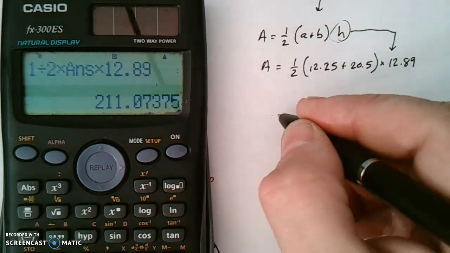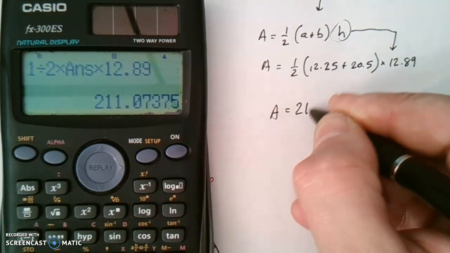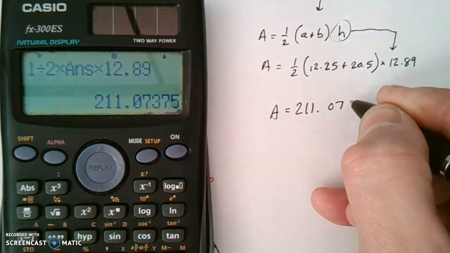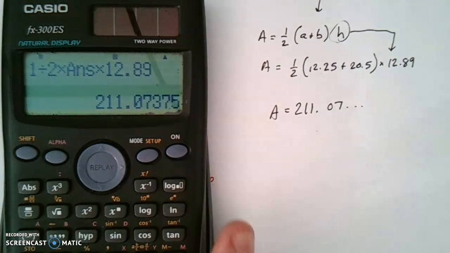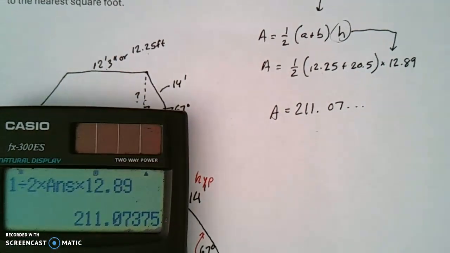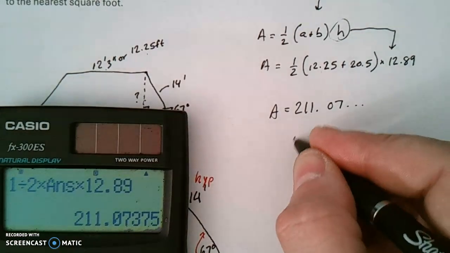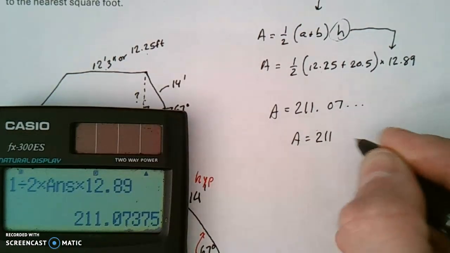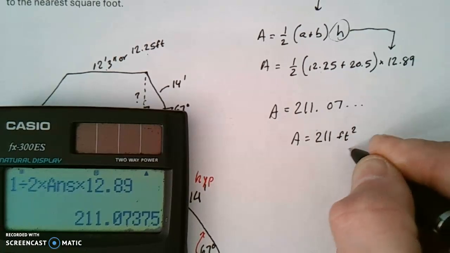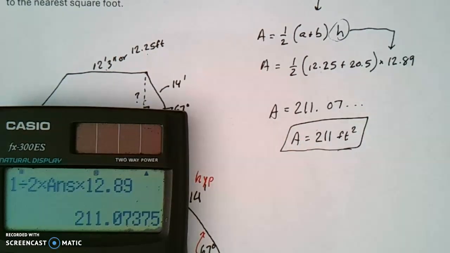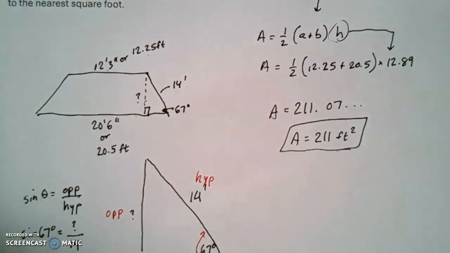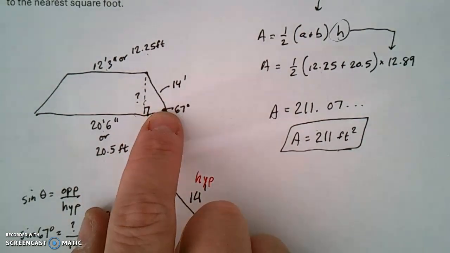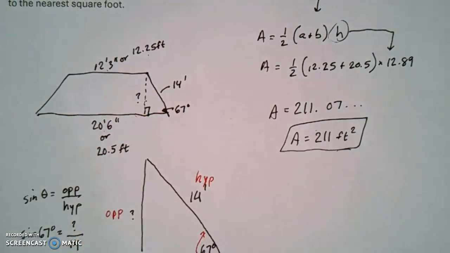And the area of my trapezoid is 211.07. And there's more, but nobody cares. And they said to round this to the nearest square foot, so we're going to say our area is 211 square feet.